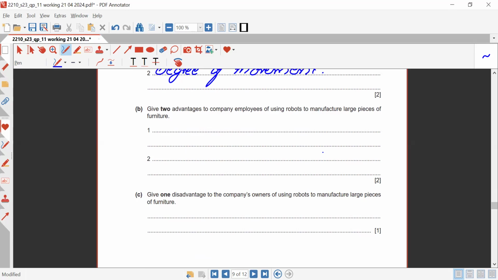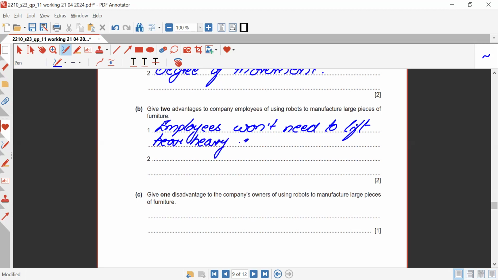So you may say employees won't need to lift heavy articles, or heavy parts of the furniture. You may write it down in that manner as well.